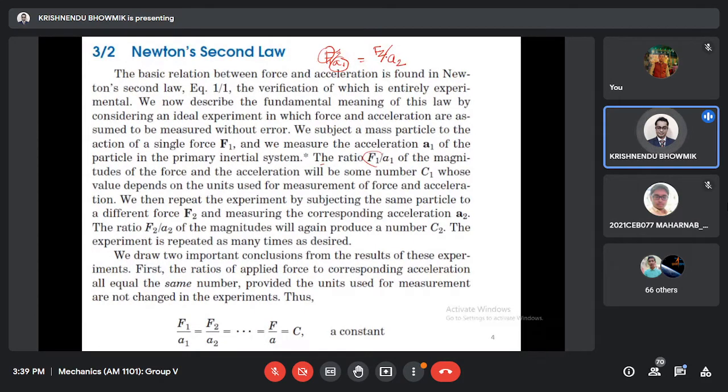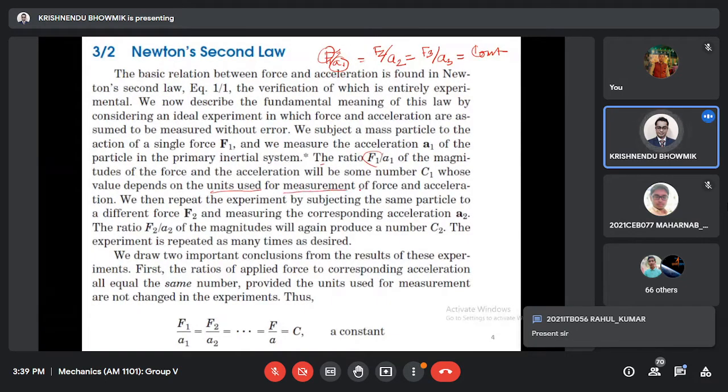And in whatever direction you apply the force, the acceleration also will be in the same direction. Say F3 and corresponding acceleration say A3. And then this ratio becomes some constant. This ratio becomes some constant that depends on the units used for measurement of the force and acceleration.